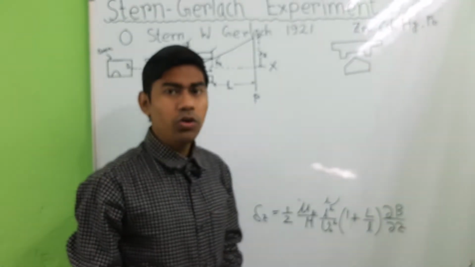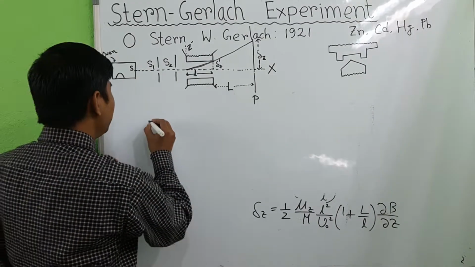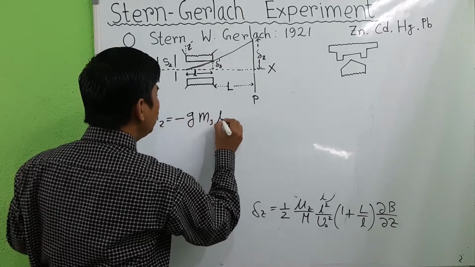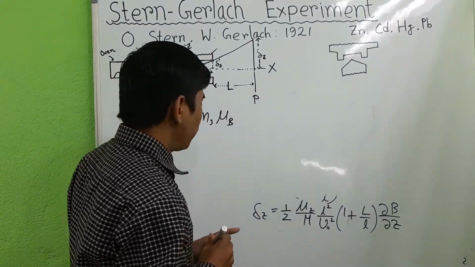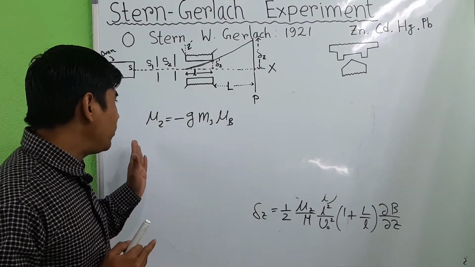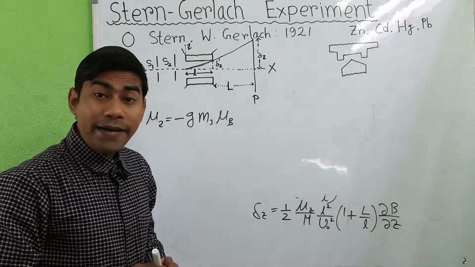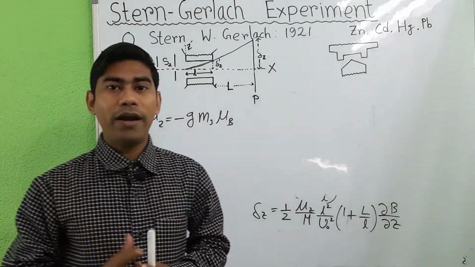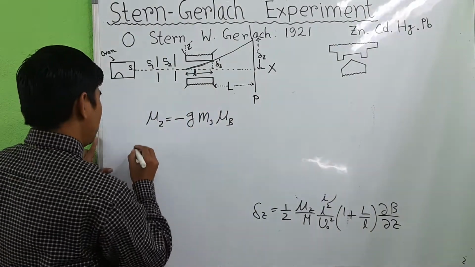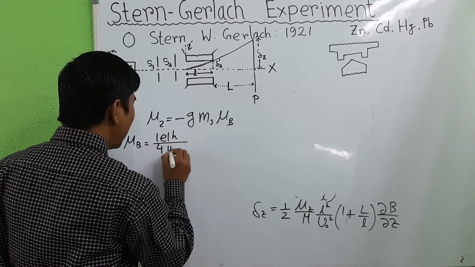Now from the vector atom model we know that the magnetic dipole moment of an electron in an atom, mu z, equals minus g mj into mu B, where mj is the total magnetic quantum number of the electron in an atom, and mu B equals eh by 4 pi me.